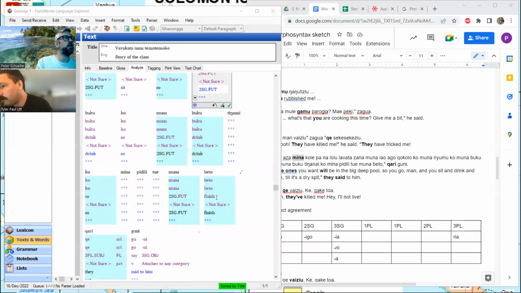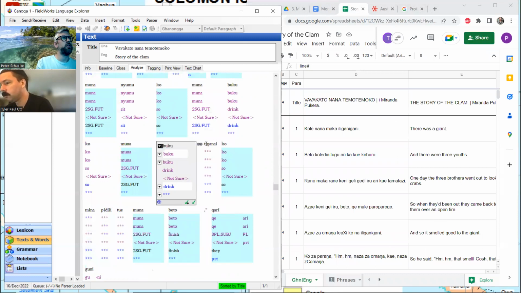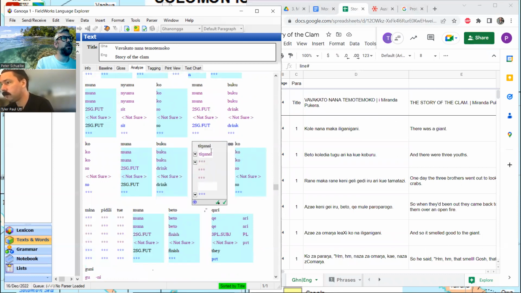Yesterday, I put it in my notes. I felt pretty confident about it. Search it in the story of the clam right quick. I'm just going to copy the word. It's a dry spit. It is an interesting word, Tinganai.